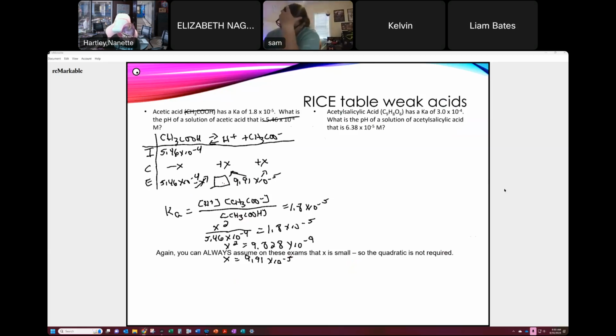And if I do that, I find that my pH equals 4.003. And again, 3 decimal places because I had 3 sig figs. So 4.003 is the answer I would report.